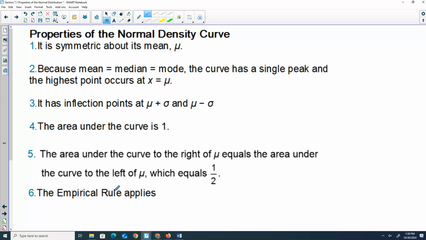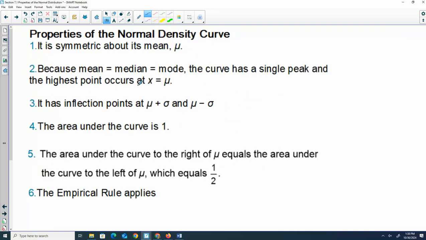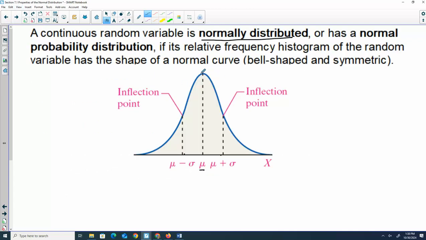It's symmetric around the mean. You have the same amount on both sides. 50% is above, 50% is below. It's perfectly normal. The mean, median, and mode are the same. It has a single peak, and that is the mean, median, and mode.